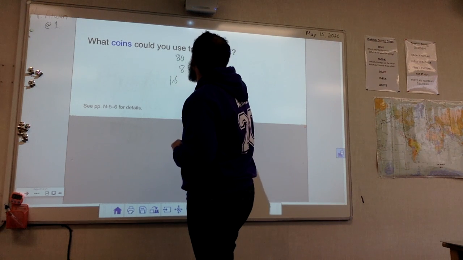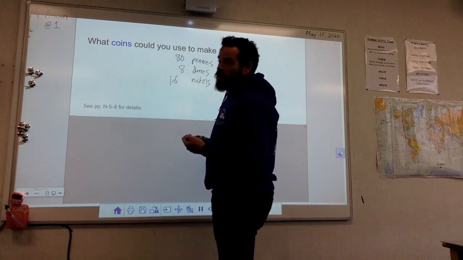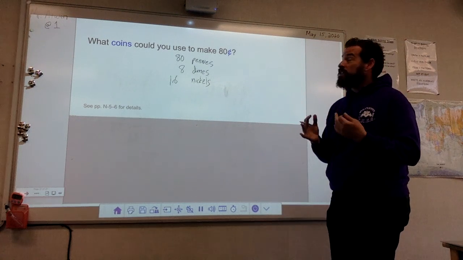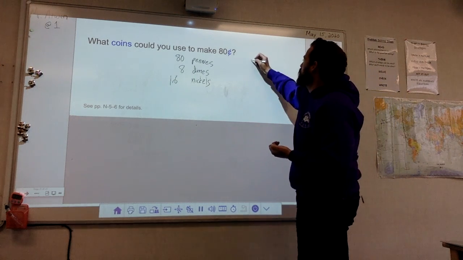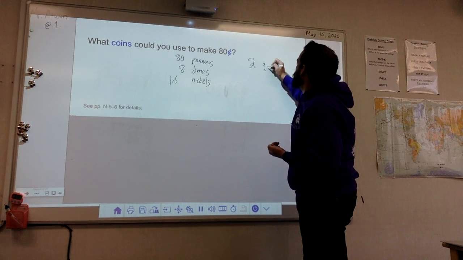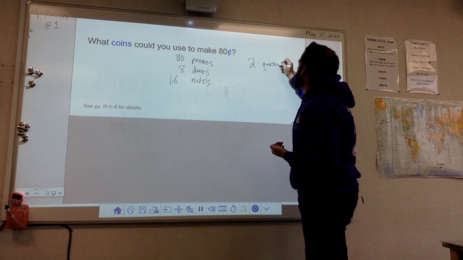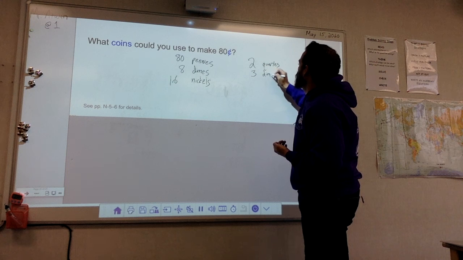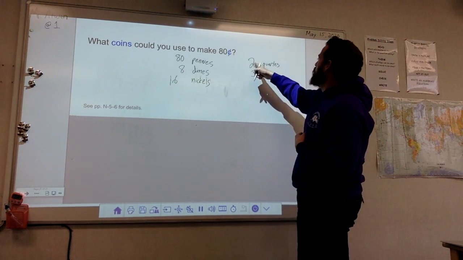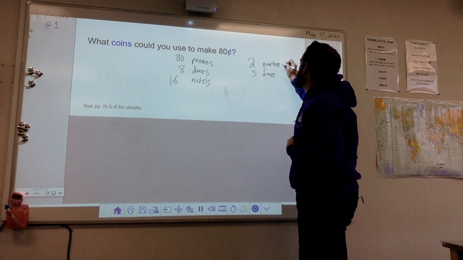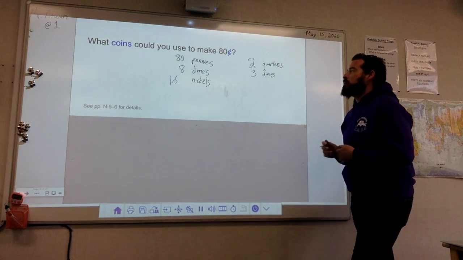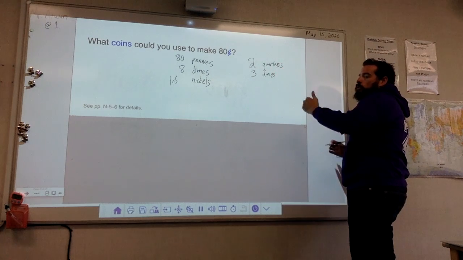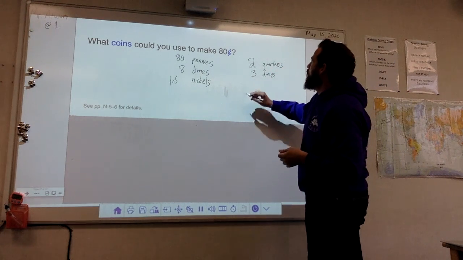We could do 8 dimes. 16 nickels. Now we could also, though, do things where we have combinations. There are a lot of different combinations that we could do. So we could do, say, 2 quarters and 3 dimes. So that would be 2 quarters is 50 cents. 3 dimes would be 30 cents. So 50 plus 30 is 80. That would be another way.